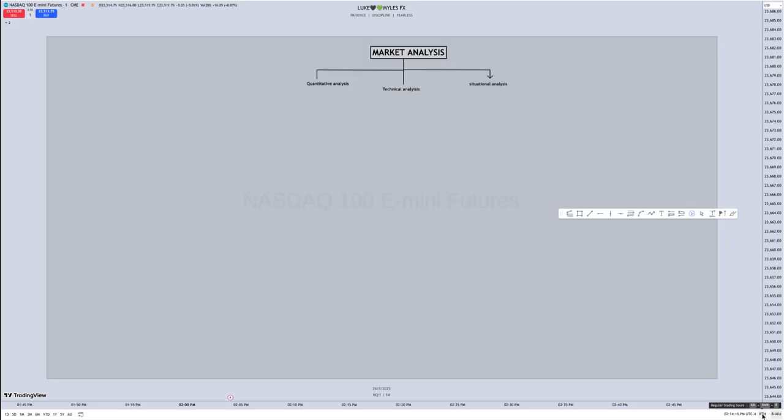That is what we call situational analysis. Your analysis is based on something that recurred again and again.